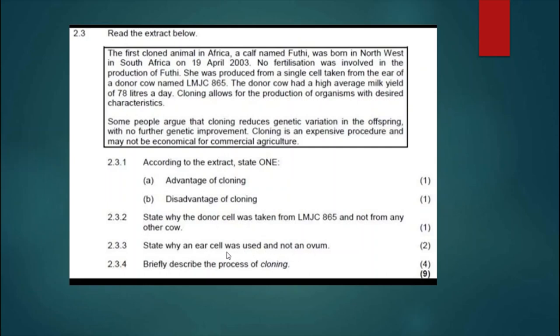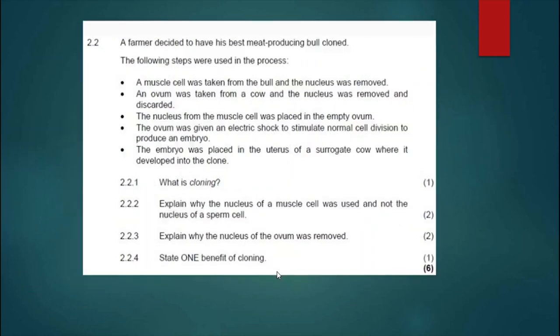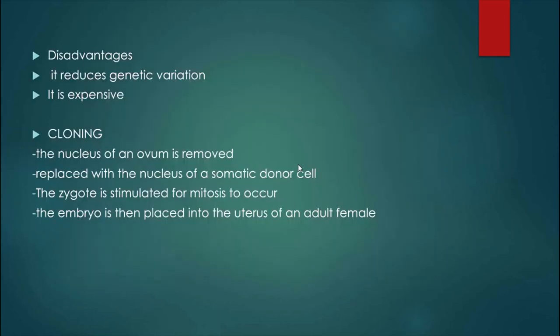An ear cell is diploid, whereas an ovum is haploid. Now they say briefly describe the process of cloning. I gave you an answer. The nucleus of an ovum is removed and replaced with the nucleus of a somatic donor cell. The zygote is stimulated for mitosis to occur. The embryo is then placed into the uterus of an adult female.